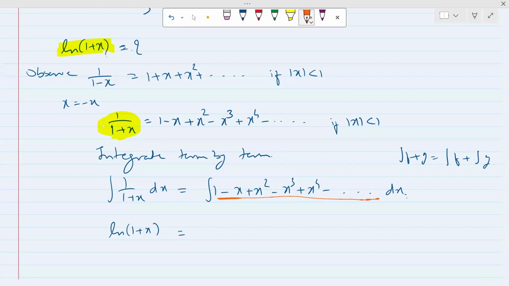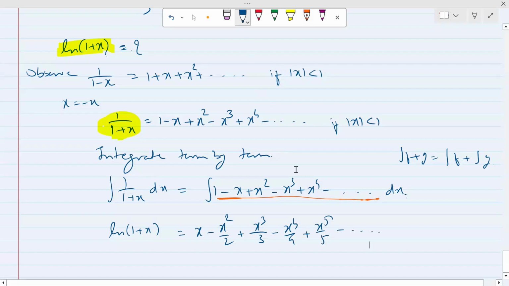But in the case of power series, all those prerequisites are already satisfied, and you can integrate term by term. Similarly, you can differentiate term by term. So the answer you said is absolutely correct: x minus x squared by 2 plus x cubed by 3 minus x raised to 4 by 4 plus x raised to 5 by 5 plus etc.